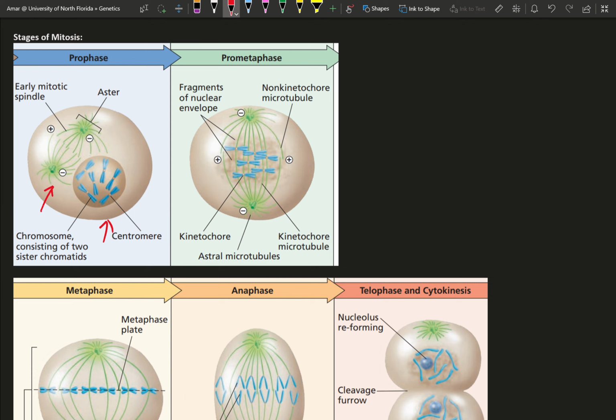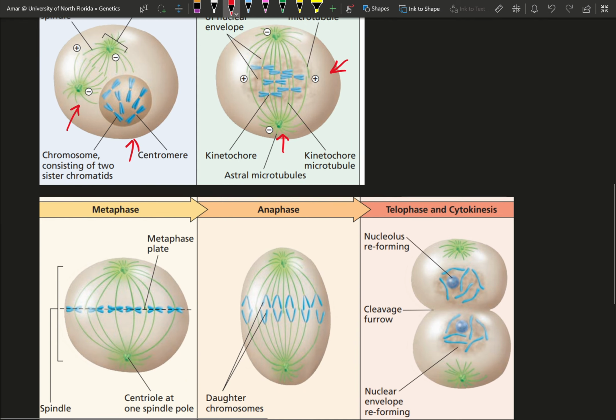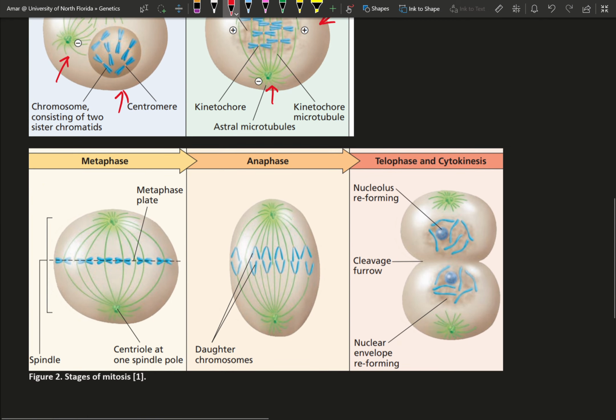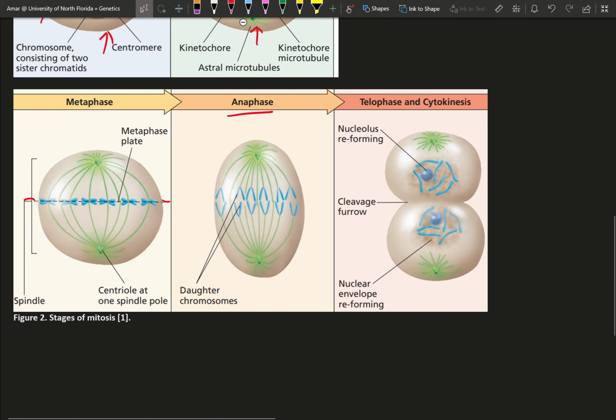During prometaphase, the nuclear envelope disappears, and this is when the kinetochores and the microtubules start interacting with one another. Then during metaphase, this is where all the homologous chromosomes line up at the middle of the plate. And then anaphase is where the sister chromatids are pulled apart to one of the poles of the cell.